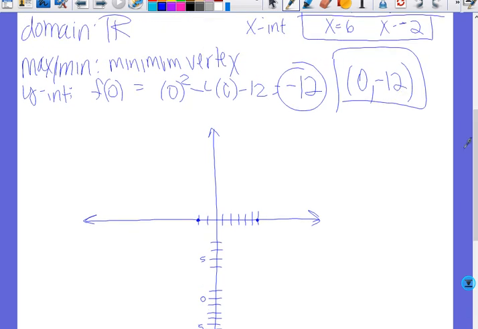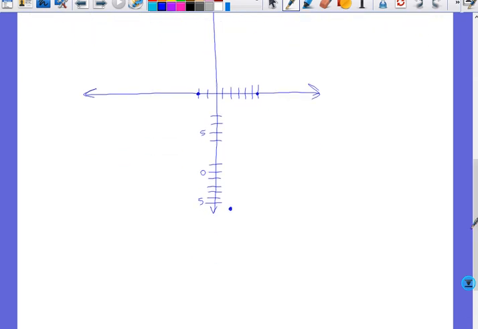Then I'll do my y-intercept of 0, negative 12. So 0, that's 10, 11, 12, negative 12. And you can kind of start to see the parabola taking shape. However, I need one more point on this side to make it even.